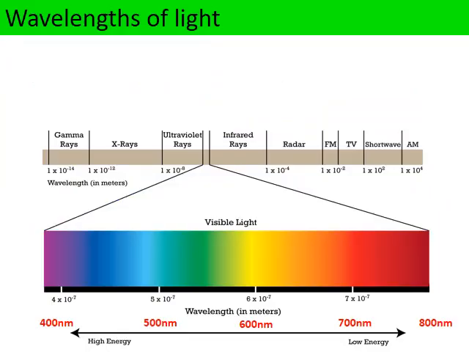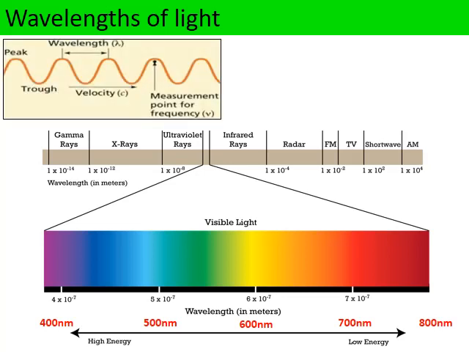Now, when we talk about the absorption of photons of light, we need to understand there's different wavelengths of light that correspond to the different colors that we sometimes can see. So if we have a look at the electromagnetic spectrum, which is this grey bar here, we can see there is light of different wavelengths, and each wavelength of light will have different energies associated with it.